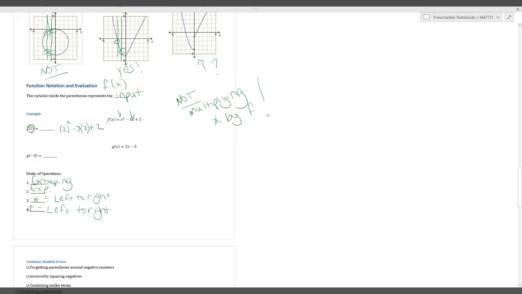Okay, so we would end up with 4 minus 6 plus 2, which is going to give us negative 2 plus 2. So f of 2 is 0. Now see what you can do with g of negative 3. See if you can come up with that answer.